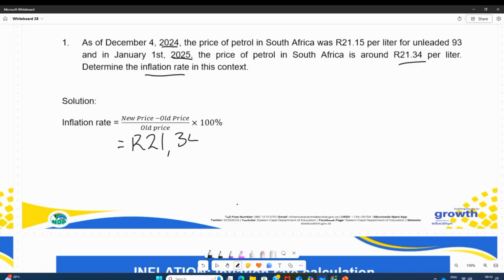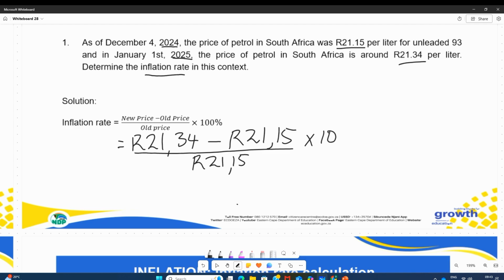So the new one will be the price of 2025, which is 21 rand 34 cents, minus our old price, which will be 21 rand 15 cents. Then the formula says we should divide everything by the old price, and our old price is 21 rand 15 cents, and then we multiply everything by 100.